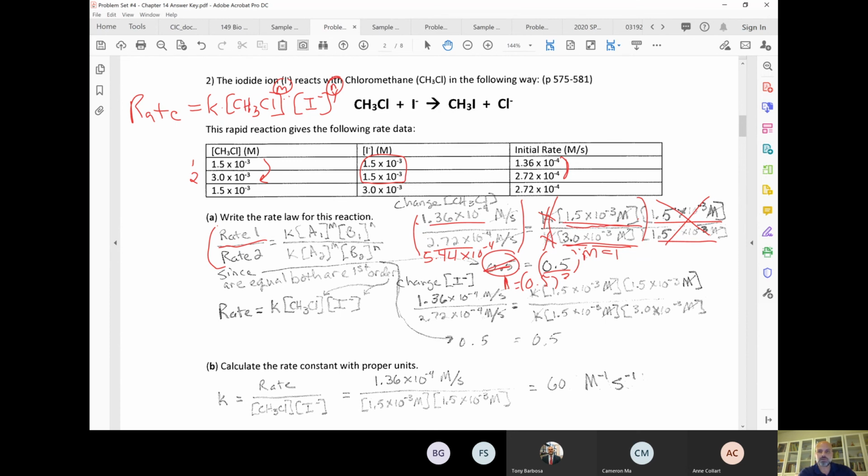No, that's not right. What am I doing wrong? If concentration doubles, I'm making a mistake here. That's what happens when you try to make up data on the fly. Let me go to the chapter 14 PowerPoint and bring up an actual slide.